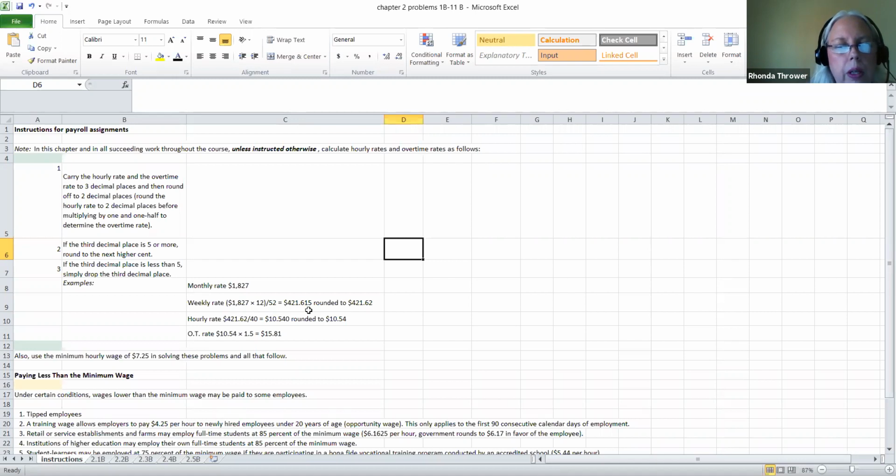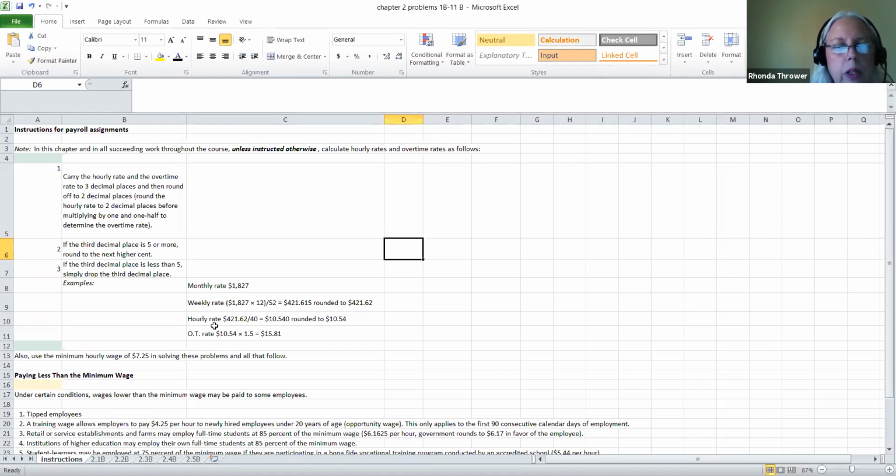That's 3 decimal places. So when we're talking about the rounding rules, since this 5 is 5 or more, we're going to round the 1 up to a 2. So $421.62 is the rounded weekly rate.